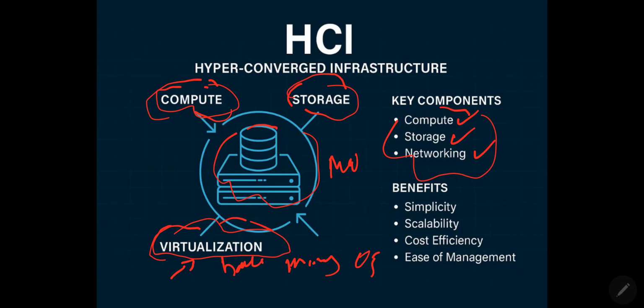Next, the benefits of this HCI: simplicity, scalability, cost efficiency, and ease of management. These are the benefits for you if you use HCI. Simplicity means the architecture is simpler compared to the traditional concept.